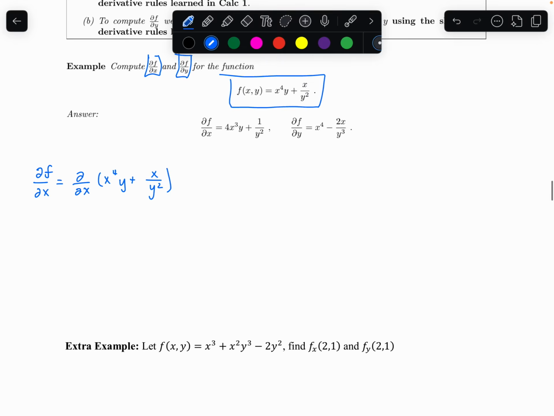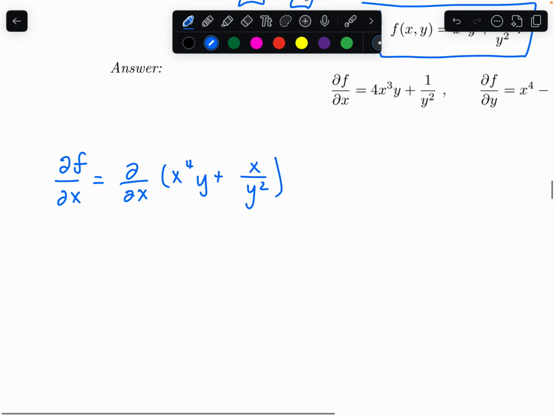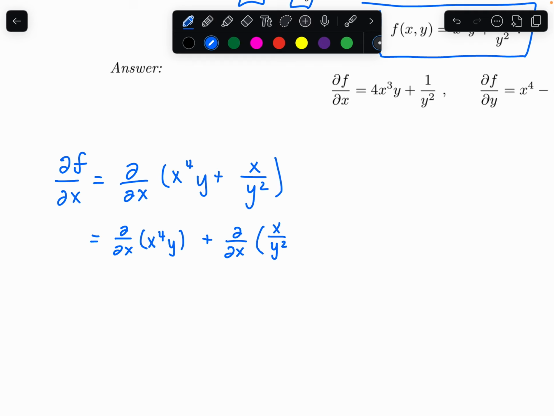I'm just going to do some old rules from way back when. I'm going to zoom in just a little bit. Just helps me. This is kind of what's happening in my brain a little bit. Remember, with your derivatives, if they are separated by a plus sign, you can just take the derivative of each term, term by term.